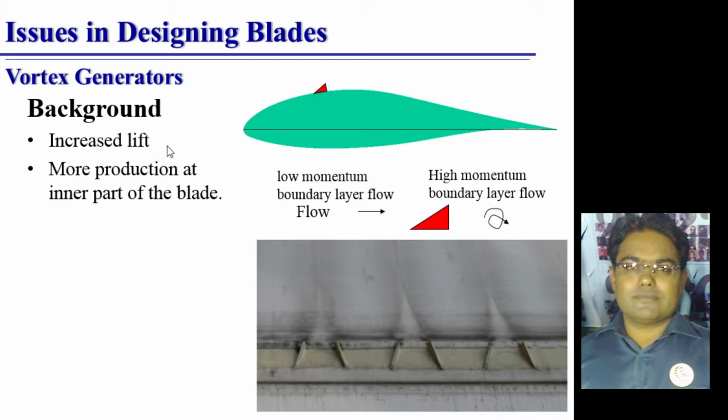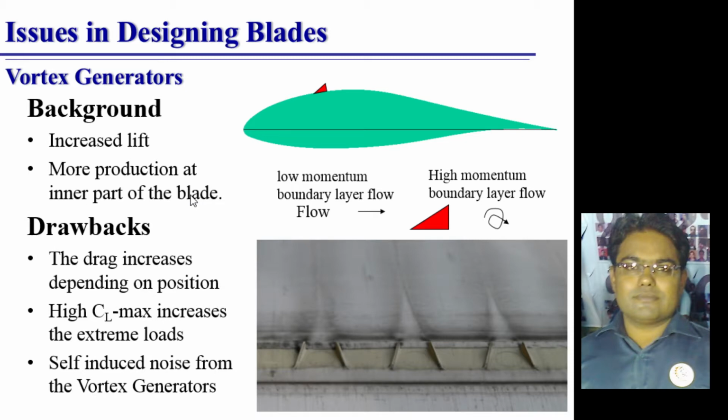That is increasing the lift, right, and more production at the inner part of the blades. What are the drawbacks? Drag basically will increase depending on position, right? If it's nearest the leading edge, more drag penalty will be there. If it is nearby the aerodynamic center, it's an optimum design. So high CL max increases the extreme loads on the wind blade.